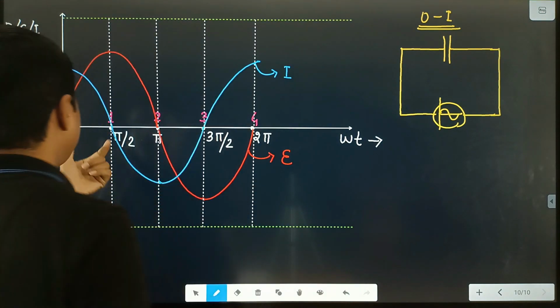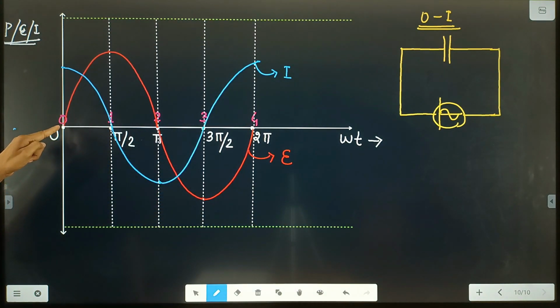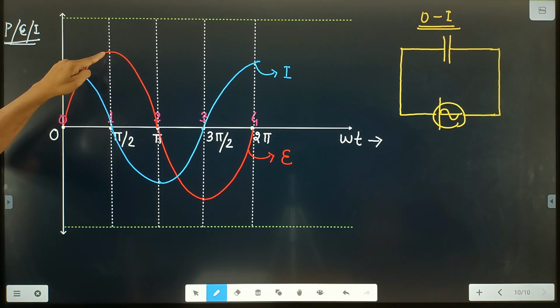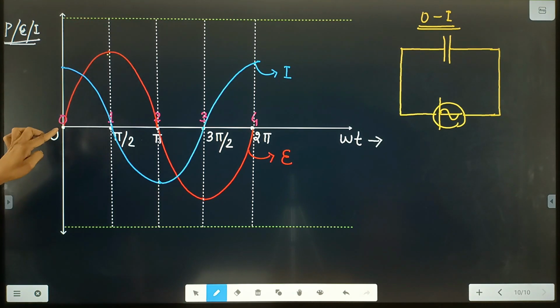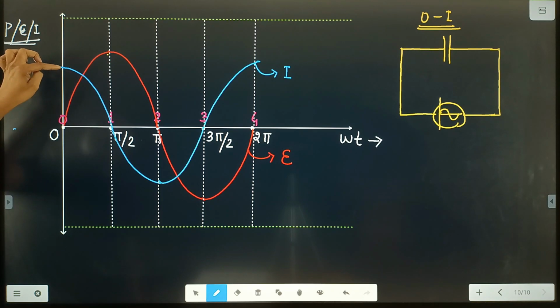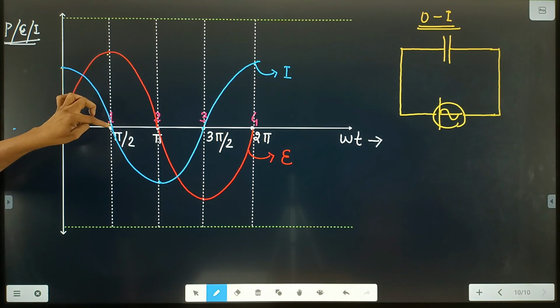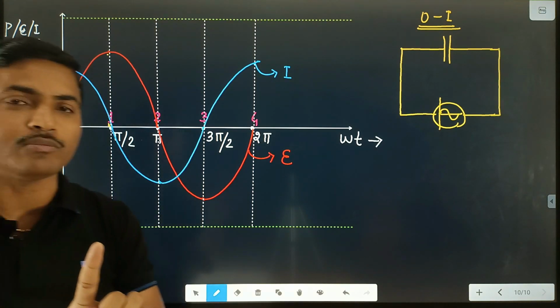Between 0 to 1, EMF or voltage is gradually increased, and at this point voltage is maximum. Clear? And here current is gradually decreased, and at this point the value of current is 0.